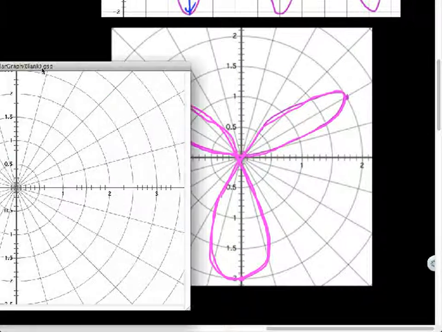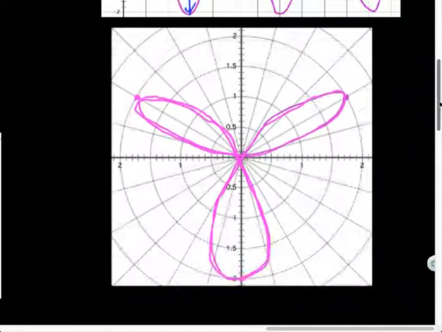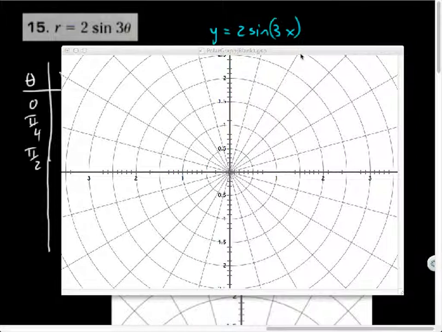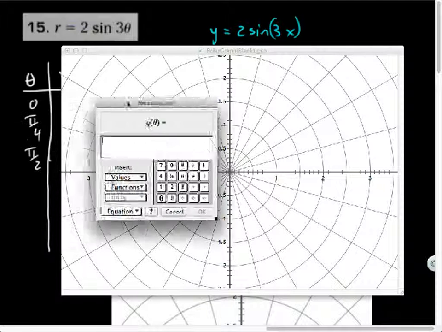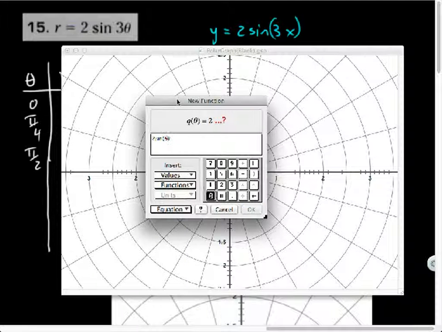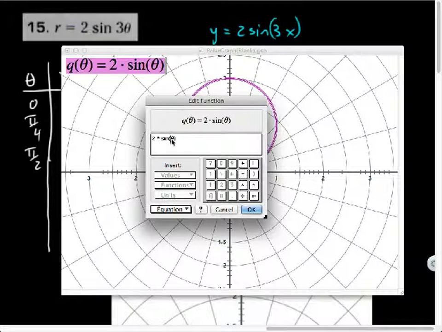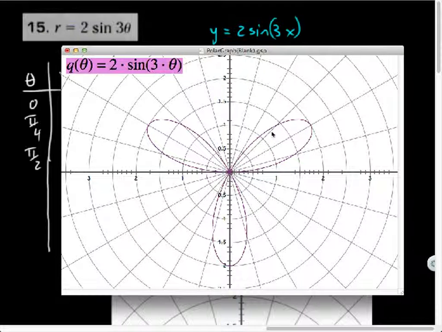Let me show you a graph of this. Let's see, what was our equation? 2 sine theta. So let's graph the following: 2 sine of 3 theta, there we go. Sorry, thank you for the save, because I was just like, that is not the right graph. There we go. That's how we do it.